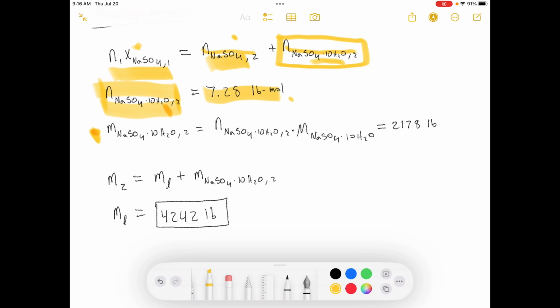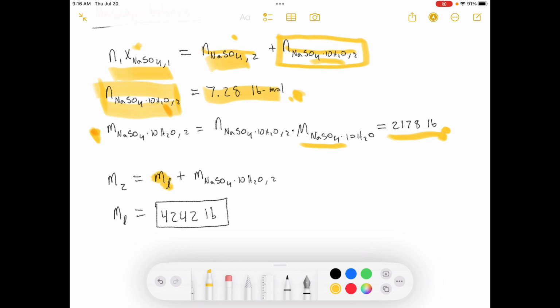So moles to mass, we just use the molar mass, and we get that this many moles equals this much mass. Then if we have this much mass of the crystal and we remove that from stream 2, how much aqueous solution do we have left of sodium sulfate and water?